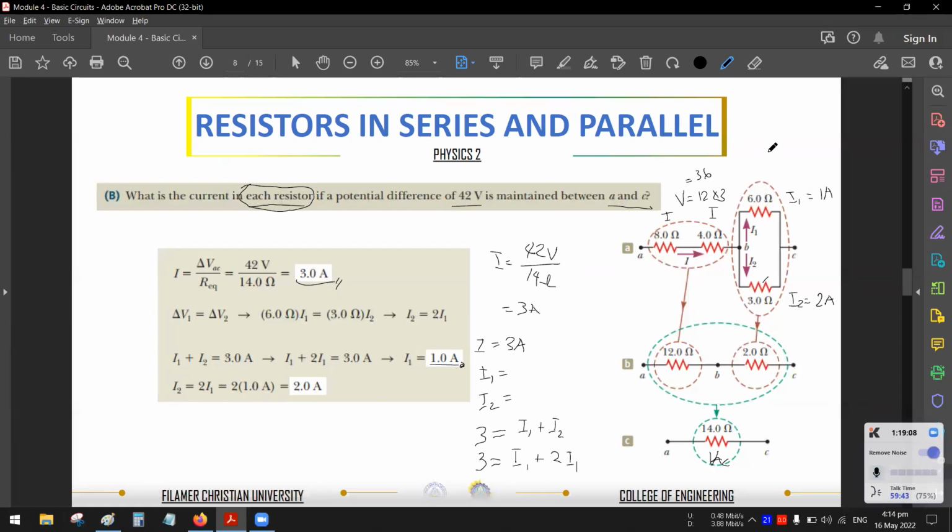Then dito, yung voltage mo naman is equal to yung current mo na 1 amp multiplied by 6, or you have your 6 volts here. And dito, you have your 6 volts again. So pag tinotal mo to, it should be the same as 42 volts. Ito yung inilabas mo kasi. Okay, so meaning na-conserve yung energy. So we have a conservation here. So 36 plus 6 plus 6. Tama ba? 42 ba? Tama, di ba?